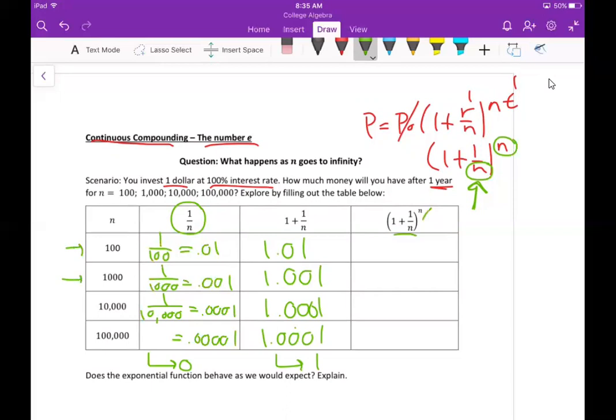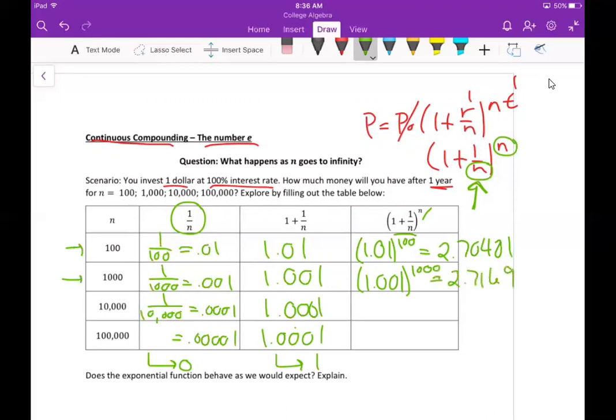Well, if I take 1.01 to the 100th power, I see that exponential growth. I'm actually seeing an effective interest rate of much greater than 1. But I'm not seeing it get bigger and bigger as n goes off to infinity because my base, my growth factor, is approaching 1. And I know 1 to any power is just itself.